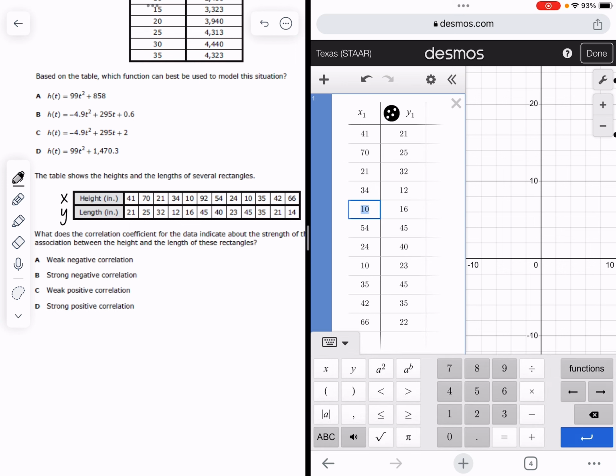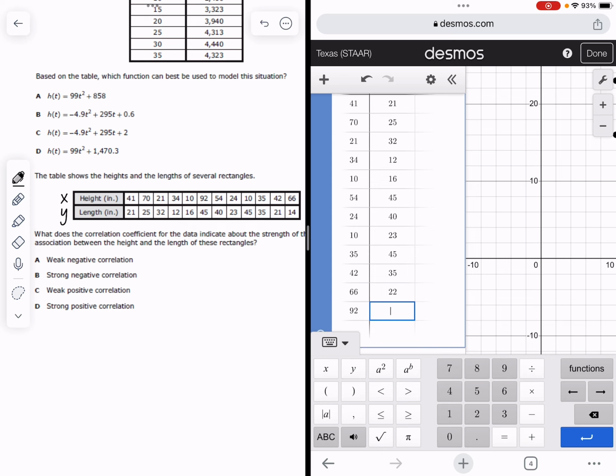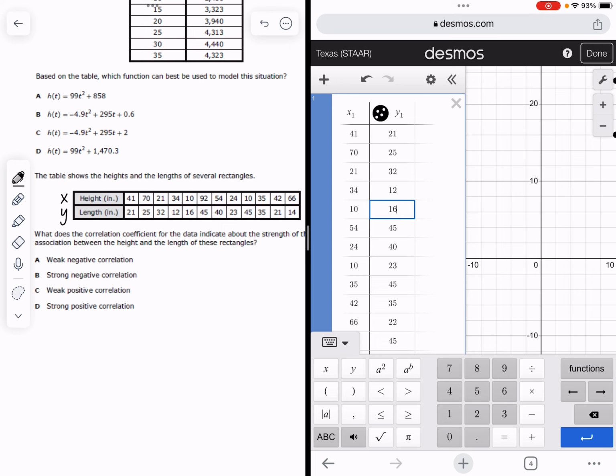I skipped 92. 92 goes with 45, and then 54 goes with the 40. Twenty-four goes with 23, 10 goes with 45, 35.